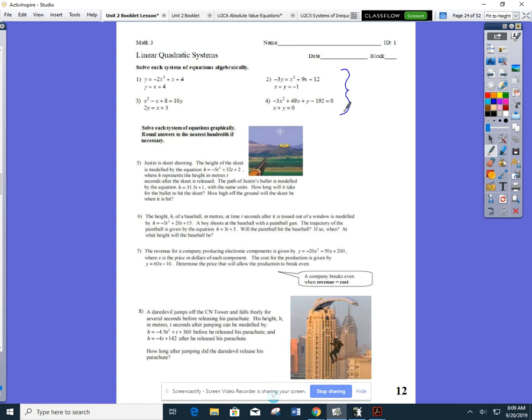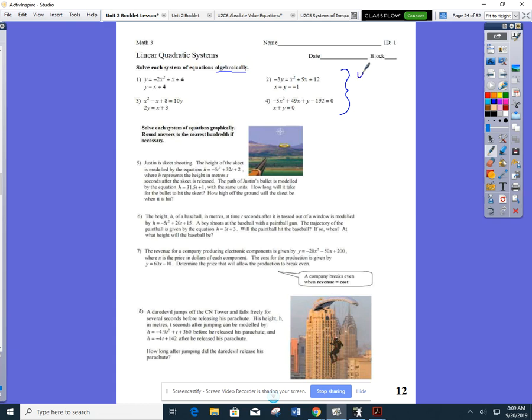But what you notice, if you notice, these both say y equals. This does not say y equals, neither does this, and neither does this. So in order to graph them on your graphing calculator, you'd have to get them to say y equals in order to plug them in. So if you're solving algebraically, it'd be kind of hard to check graphically. You have to get y alone.